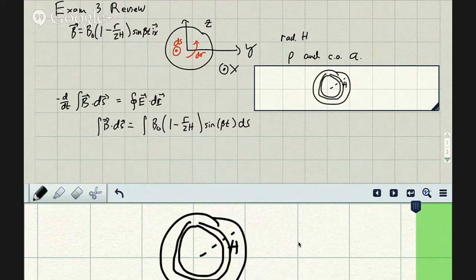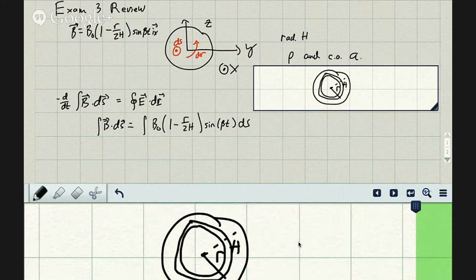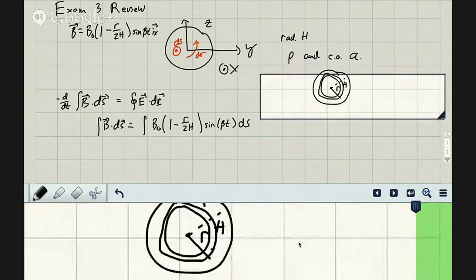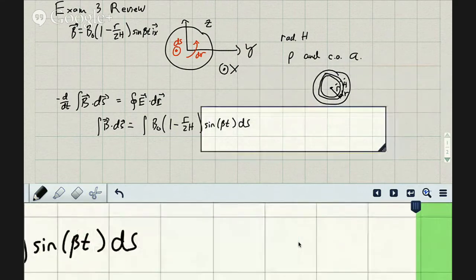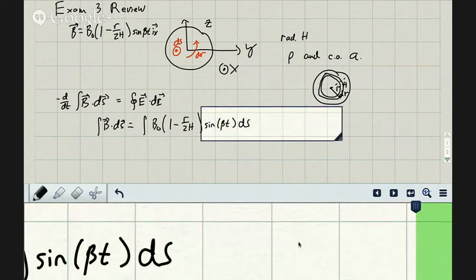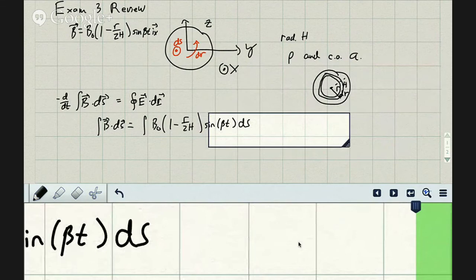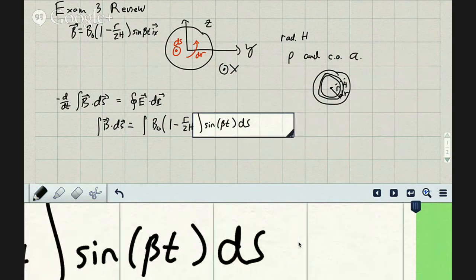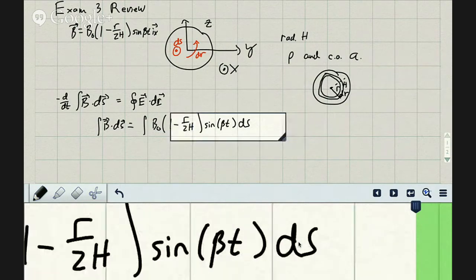Then the thickness is going to be just a little bit dr. So it's got a thickness of dr and a radius of r. The area of that ring is going to be 2 pi r dr.